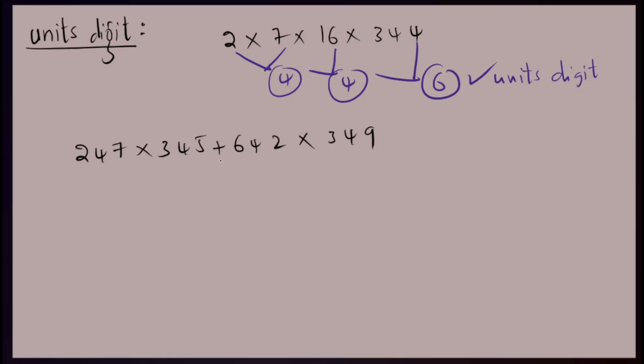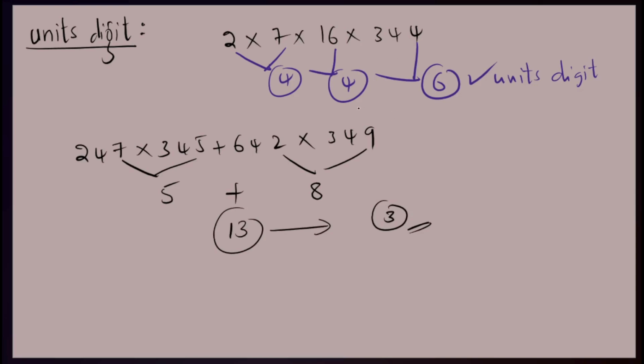We have multiplication and addition, so first go with the multiplication part. 7 fives are 35, so 5 is your units digit. 9 twos are 18, 8 is your units digit, and we have to add them. 5 and 8 is 13. So your final units digit is 3. These are the basic things, you already know them.